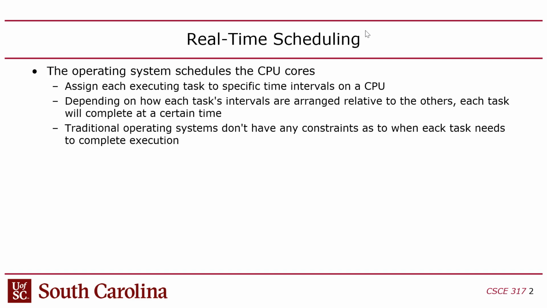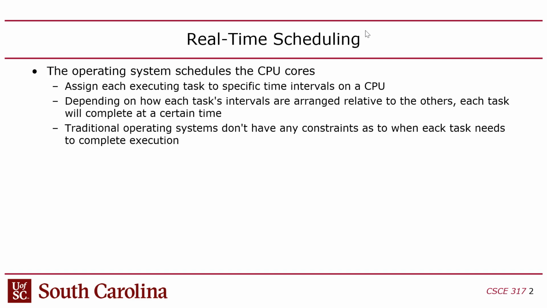It determines which program gets the CPU, or CPUs in the case of a multi-core CPU, at a time, right? You generally have more processes than you have CPUs, and so the scheduler is going to allow those physical CPUs to be shared.